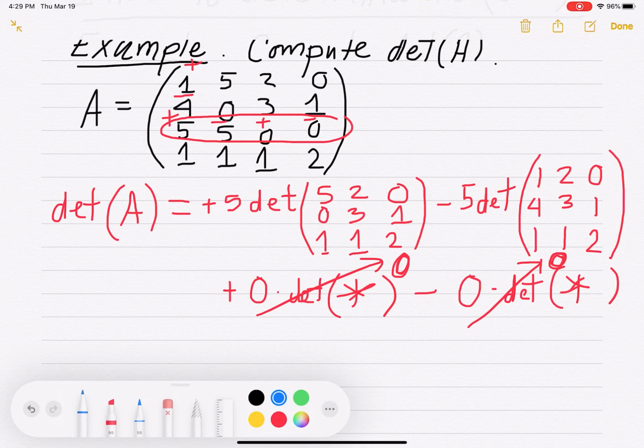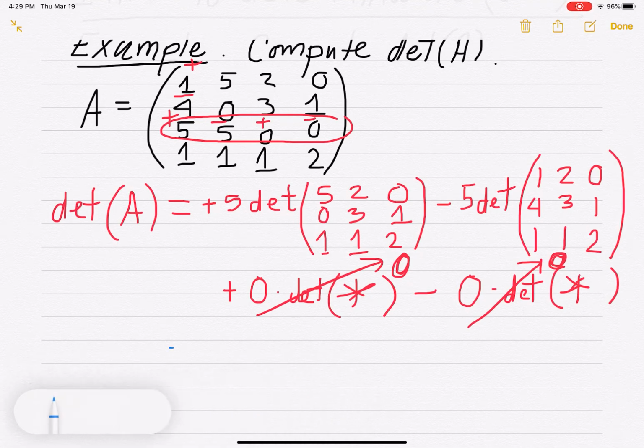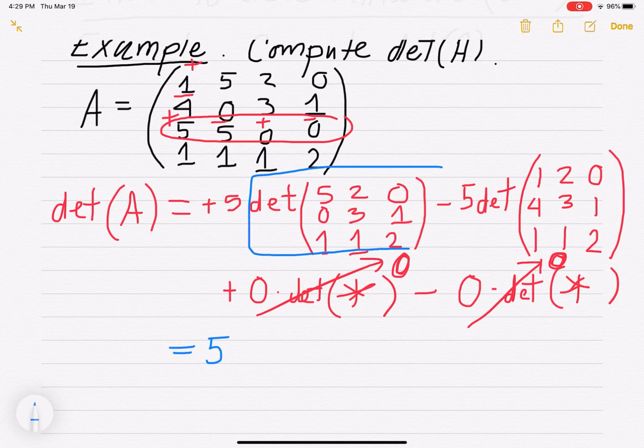So let me change colors. I'm going blue. So we have 5. And I want to calculate the determinant of this 3 by 3 matrix here. So which row, which column? I'm going to go across the first row, right? There's a 0 in the first row, so I'm going to do the first row.